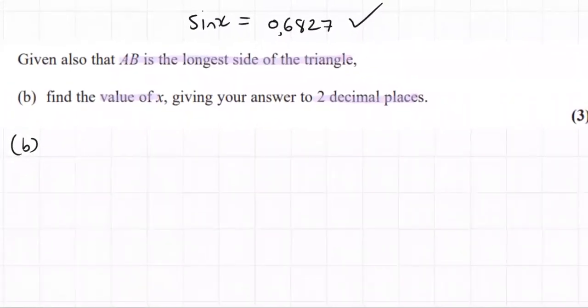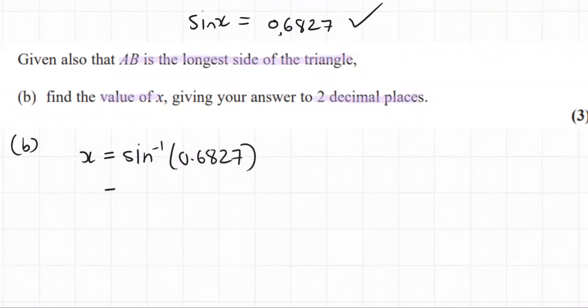So sine x was 0.6827. So x is going to be equal to inverse sine of 0.6827, and this comes to 43.054.